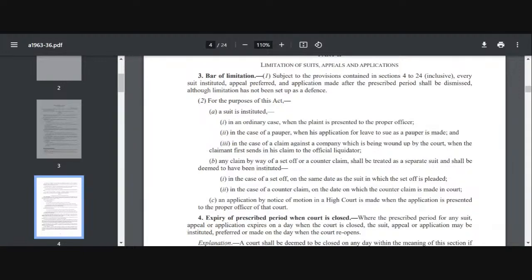Who can tell me? I want to set off, but my limitation period is over. I have already filed my suit within the limitation period, but I forgot to claim the set off, which I want to set off now. So will the court entertain it, or will it say no, it is barred by limitation? What do you think? Any answer?